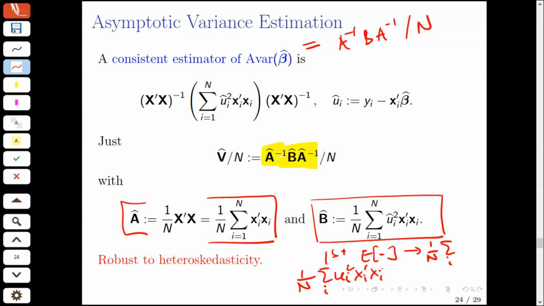But it wouldn't be known since we don't actually observe the u_i's. However, we can estimate the u_i's using the OLS residuals and substitute them, or plug them in, whenever the u_i appears, which is inside the square. So the B estimator arises from two steps.